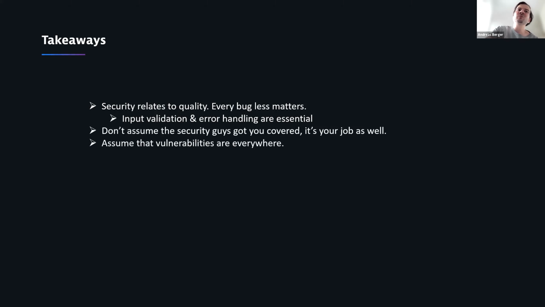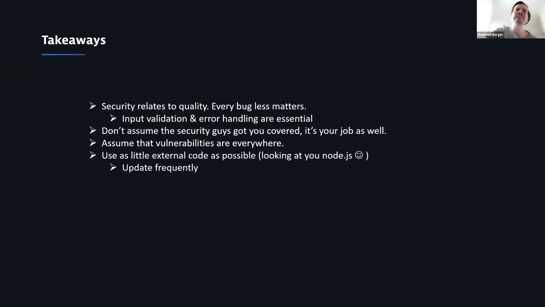Then always assume that vulnerabilities are everywhere, because with all this complexity in our systems nowadays, there are vulnerabilities everywhere, in the container runtime, in Kubernetes itself, in libraries, in the custom code you're using, in the operating system, everywhere. So make sure that you use as little external code as possible, because the less code you're using, the less stuff can be vulnerable.